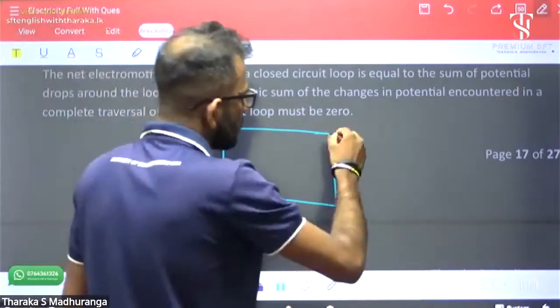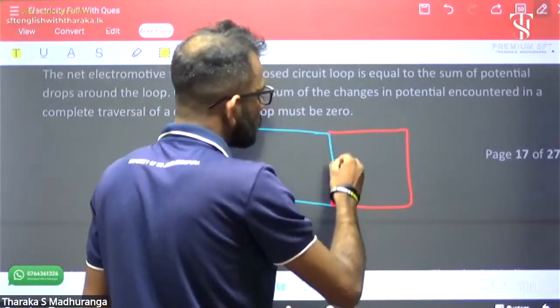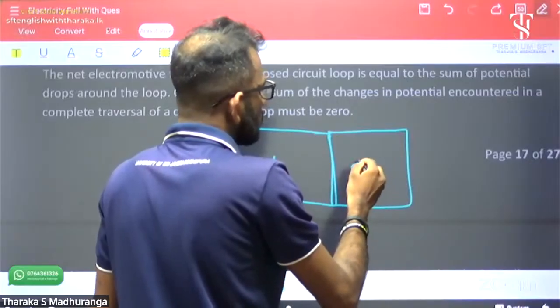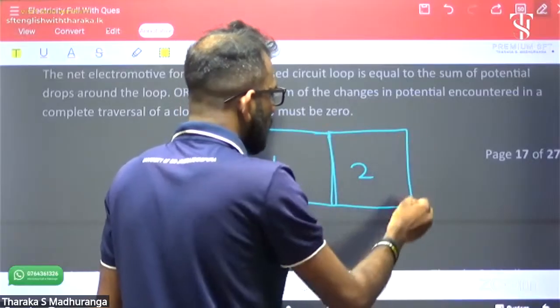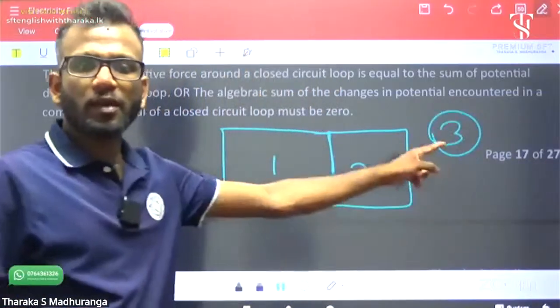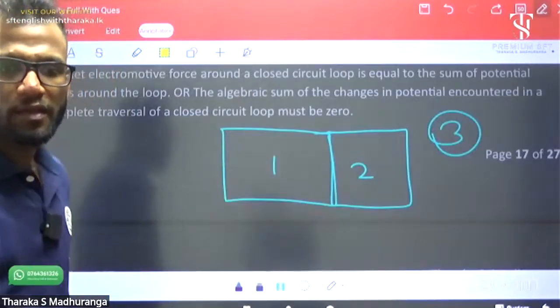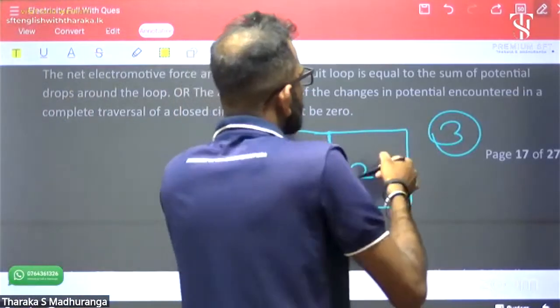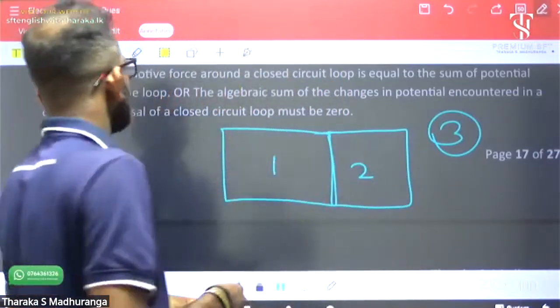If you have this type of circuit, I told you this circuit has 1, 2, and with this outer loop, it has 3 overall loops. First, second, and the full outer layer we can consider as closed loops.